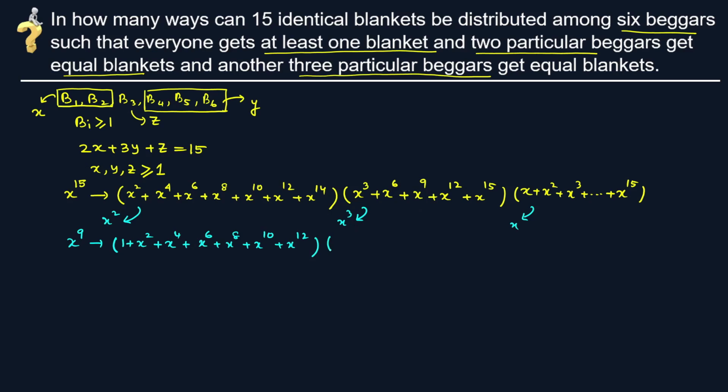From the second one, we have 1, x cube, x to the power 6, x to the power 9, x to the power 12. And from the third one, we get 1 plus x cube, and so on, up to x to the power 14, right?